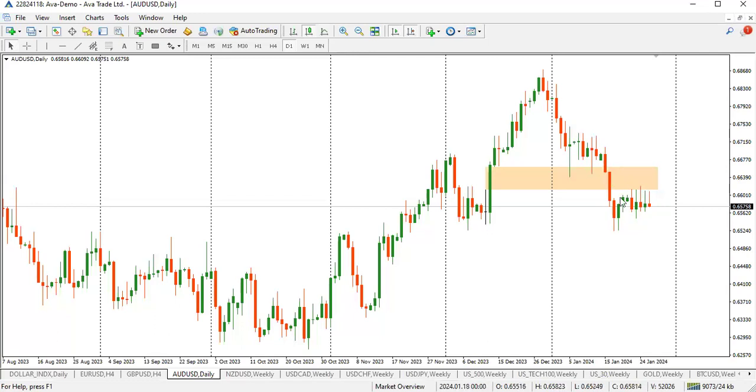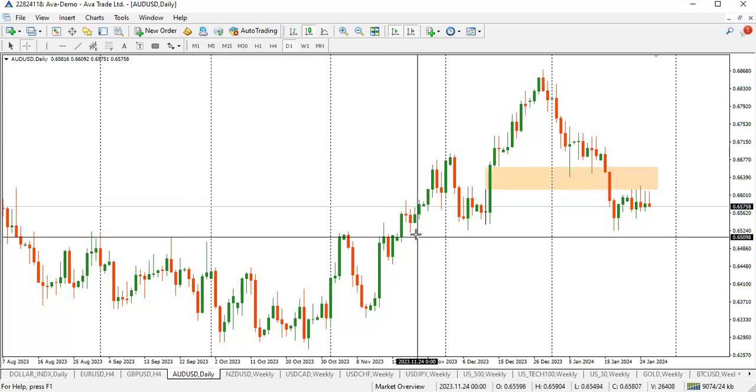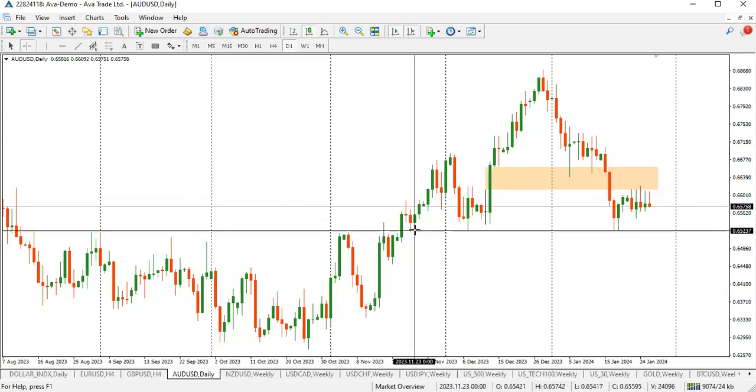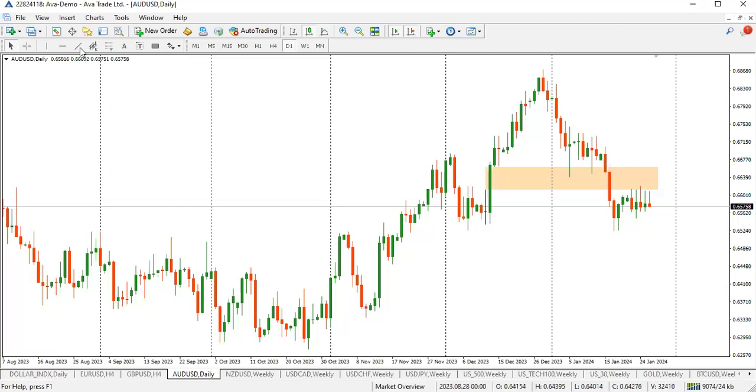But from this price action, this is going to go lower. So I'm favoring the downside. Yes, this is a double top. I don't see it as support.